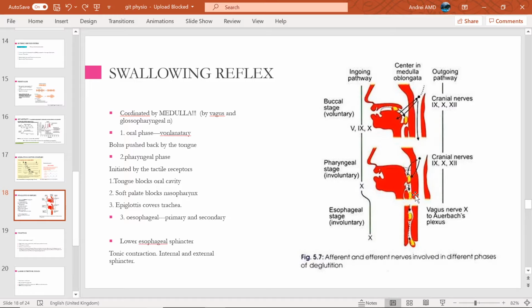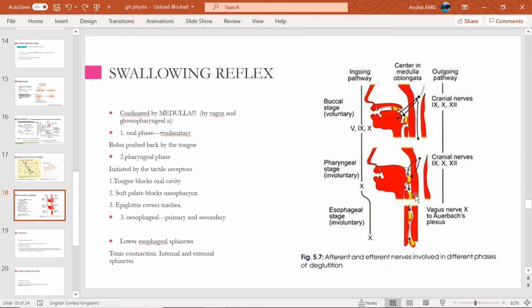So if you could check that when you're studying, that would be nice. And the difficult part comes here. I just talked about all this without mentioning which nerve sensed it and which nerve actually worked on which muscle. So you could use this picture.